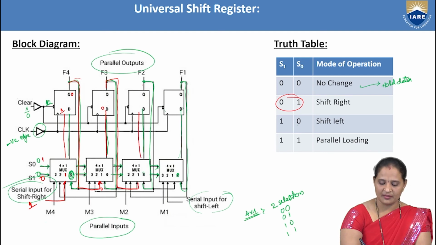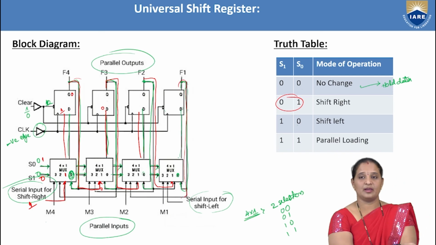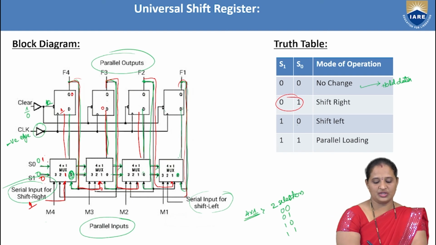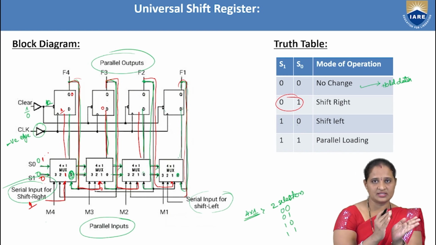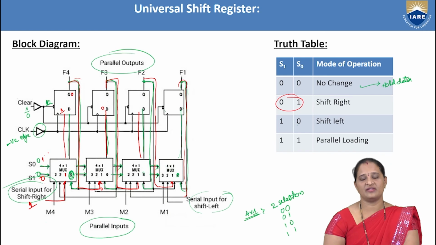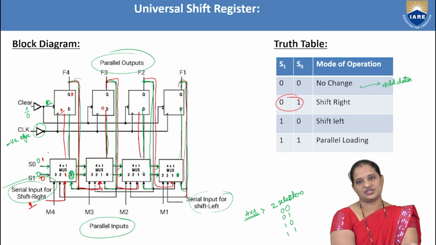Again this is pushed here, and whatever data was in this flip-flop will be shifted. So when 0, 1, what kind of operation is performed here? The data is shifted from left to the right, in the right direction. So it performs the right shift operation.